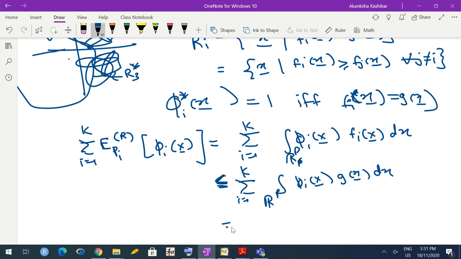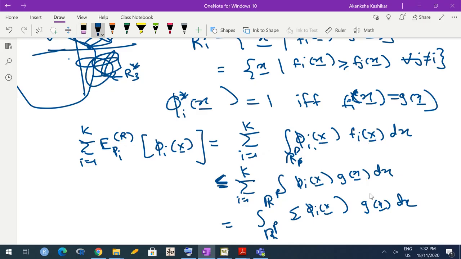Okay. Now this is equal to the integral over Rp of the sum over i of phi i(x) times g(x) dx. The summation of phi i(x) can go inside now. I couldn't bring this earlier because I could bring the summation inside at this step also, but then I would have the summation over i of phi i(x) fi(x) and I don't know its value.